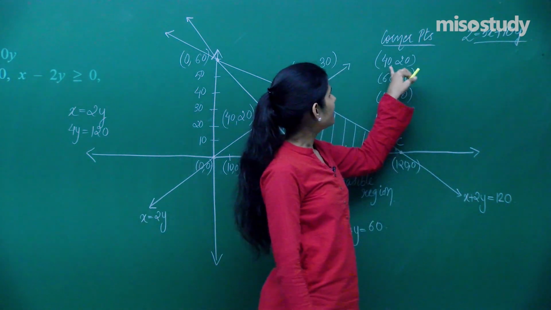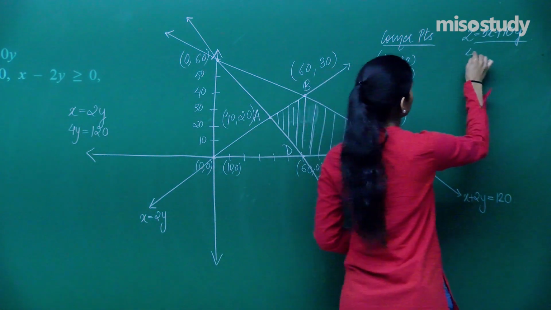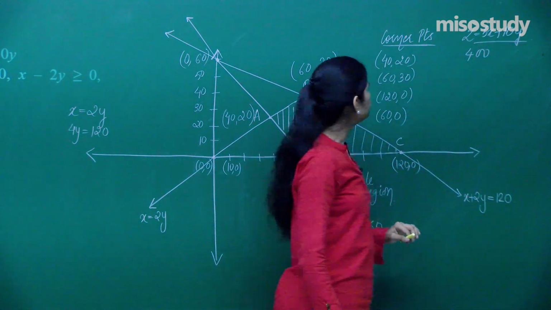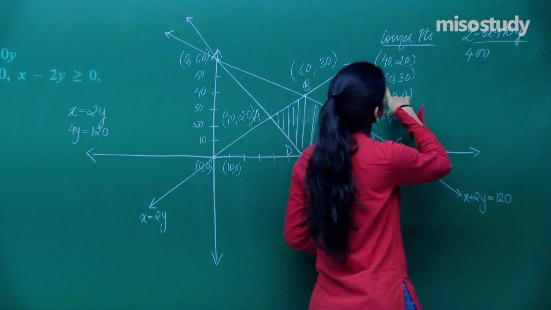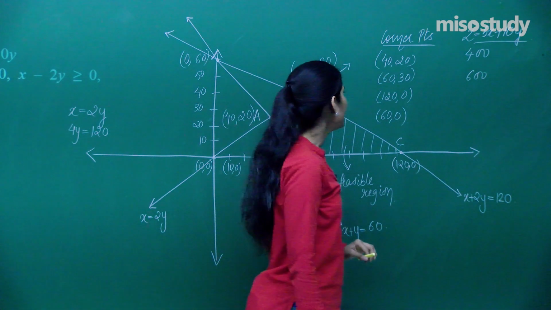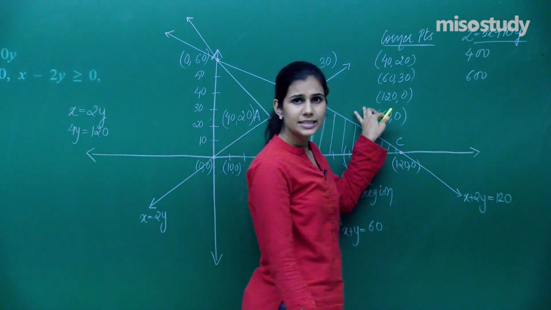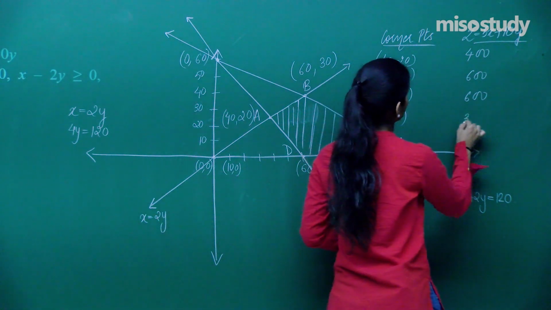This gives you what? 5 into 40 is 200. 200 plus 200 gives you 400. Right? 6 5s are 30. 300 plus 300 gives you 600. 120 into 5. Again 600. And this would be 300.